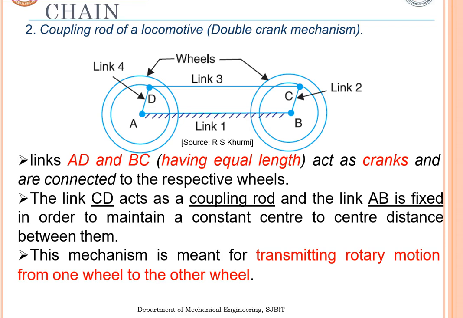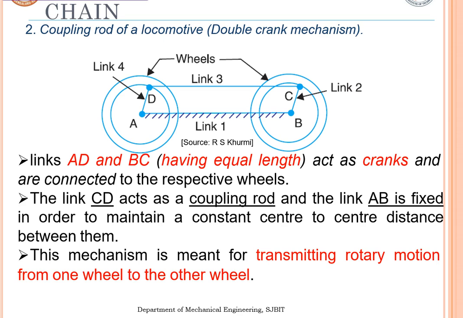Links AD and BC act as cranks and are connected to the respective wheels. It means if you give input to one wheel, it is going to advance the second wheel. The link CD acts as a coupling rod, and the link AB is fixed. To maintain a constant center distance between them, the coupling has been done.